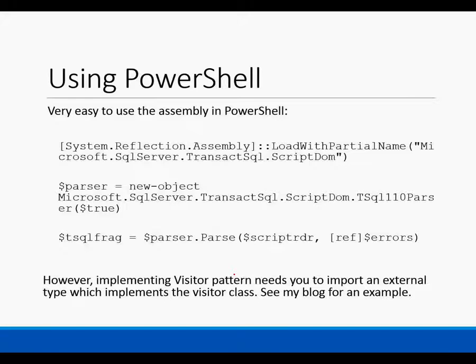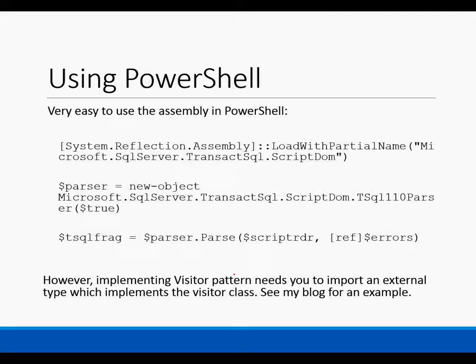The other things you can use the library with are things like PowerShell. In my demos, I'm showing you almost exclusively Visual C# based demos, but you can actually use the library along with PowerShell. So on my blog, you have a couple of examples which show you how to use this library within PowerShell itself.